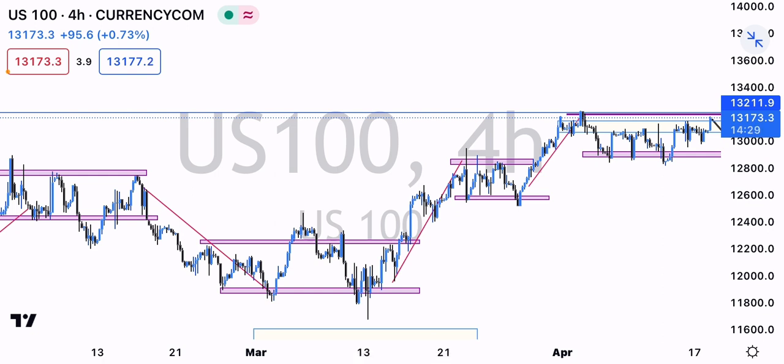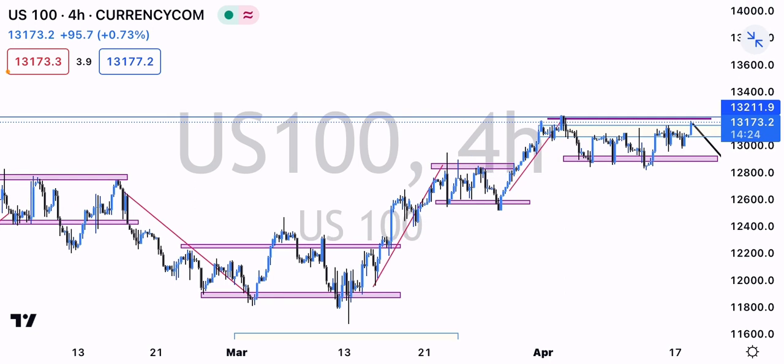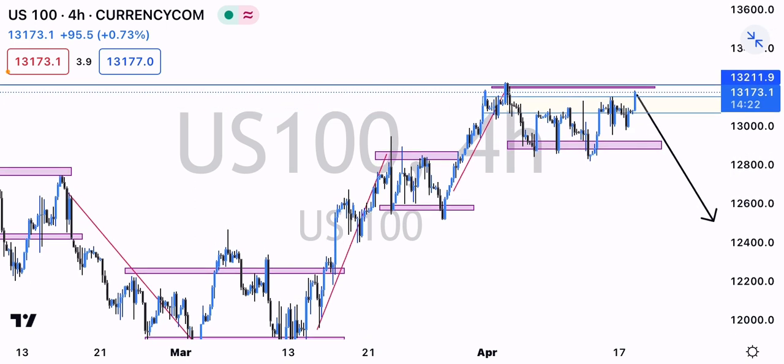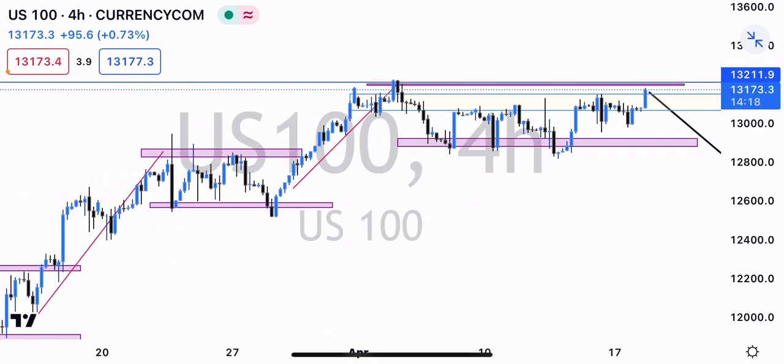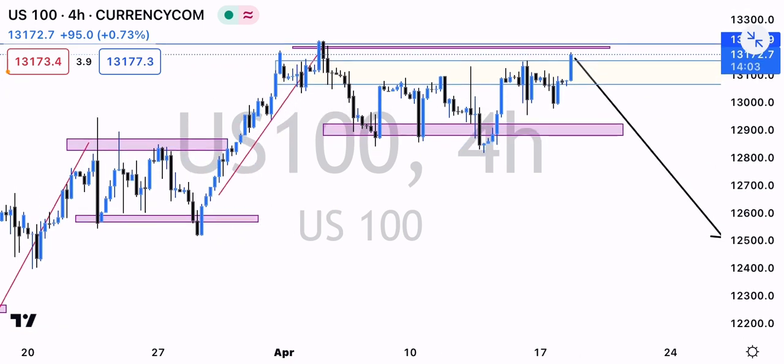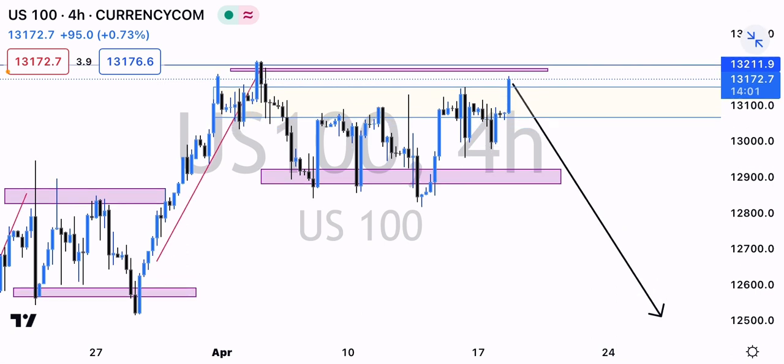It broke to the upside from our previous consolidation. And when you check, we do not have anything like a continuation pattern here. We don't. So which means that from here we can say the market can drop.